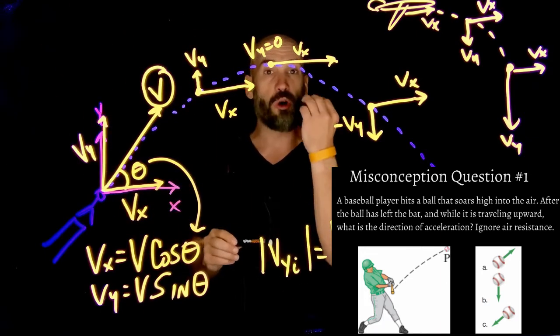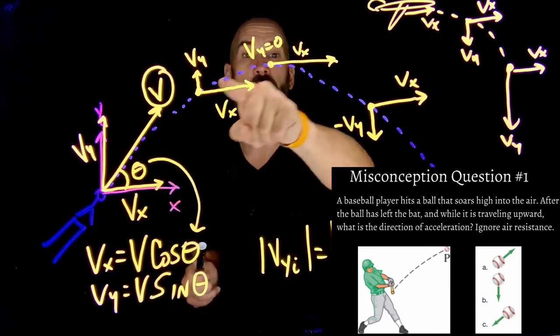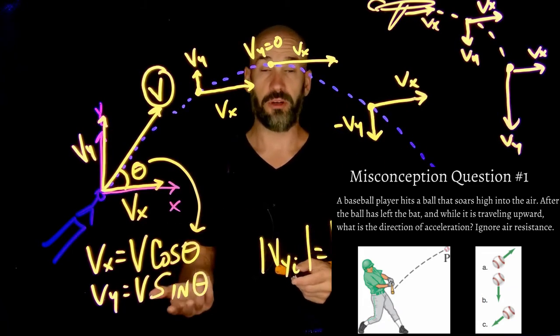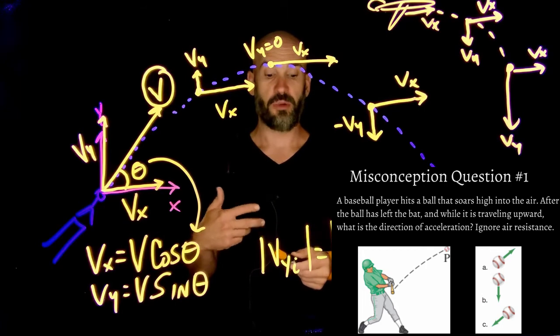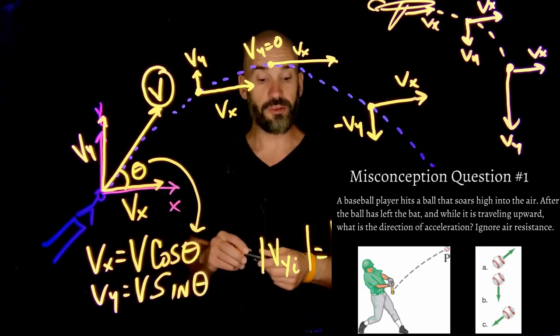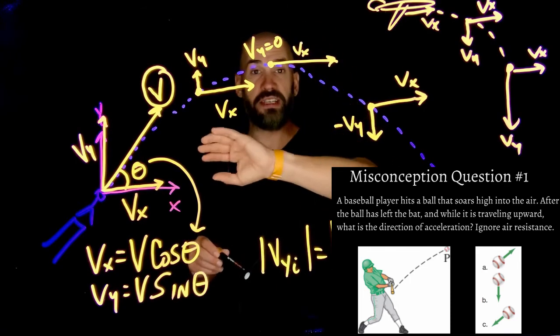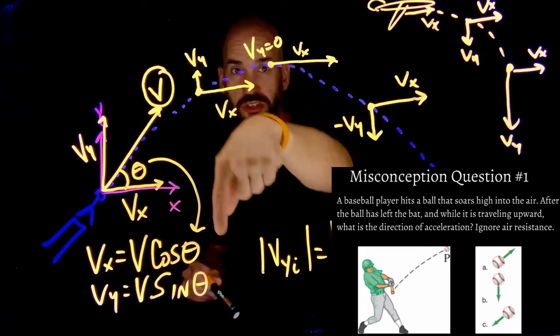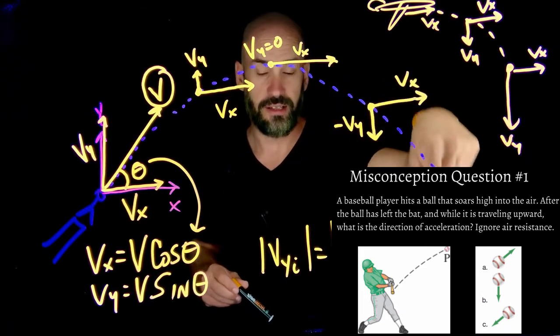There's only one force the entire way acting on that ball. What would that force be? That force would be gravity. The direction of acceleration is always the same as the direction of the force, so the answer would be B. The only acceleration acting on that ball is gravity's downward acceleration at every single moment in time.